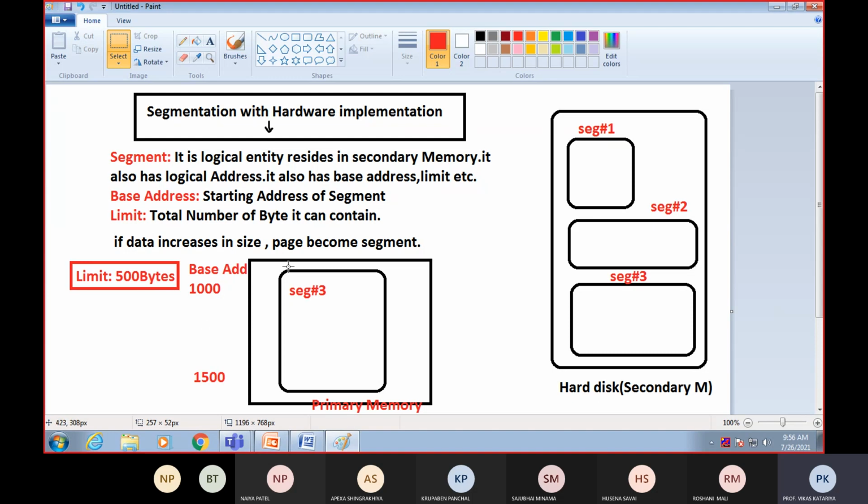The limit tells us how long the segment is, how many records there are, and which records we want to access. So we generate a logical address, then a segment table helps provide the base address, and then the logical address is converted into a physical address, and we perform the read and write operations accordingly. So this is the whole scenario of segmentation.